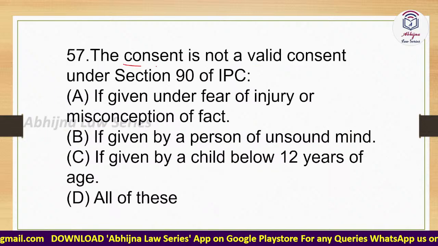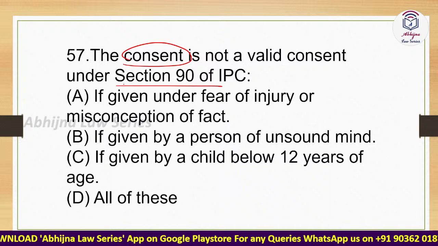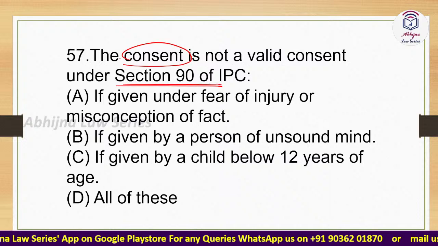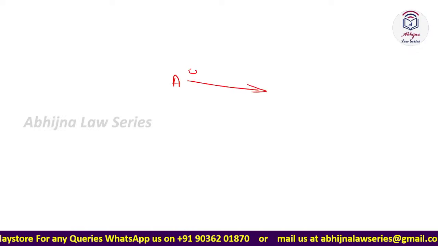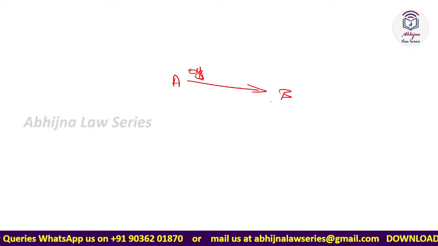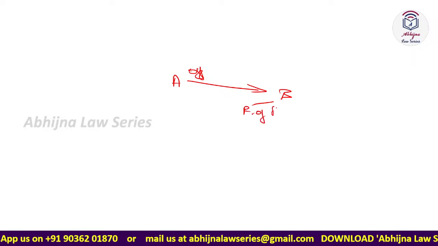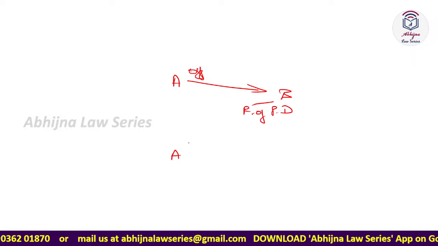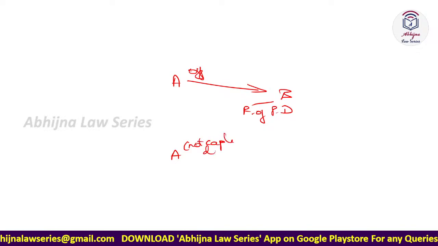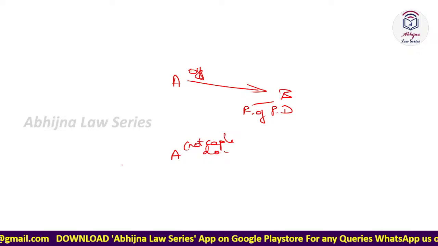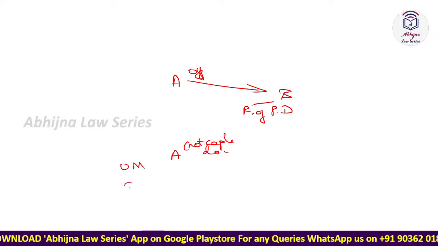The consent is not a valid consent under section 90 of IPC. See here, what happens is, A is doing a certain offence, that is why B gets a right of private defense, this we know. But if A is not capable of doing the offence, who are such persons? It could be a person of unsound mind or a child.